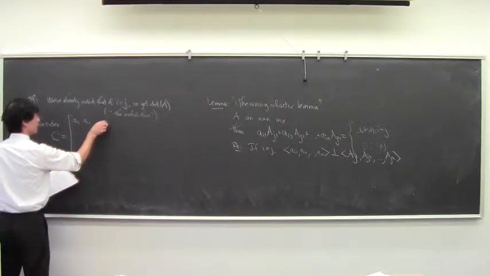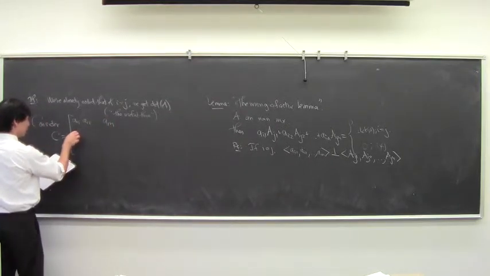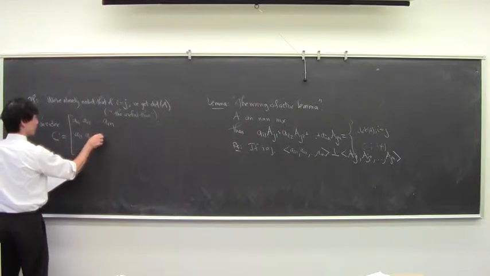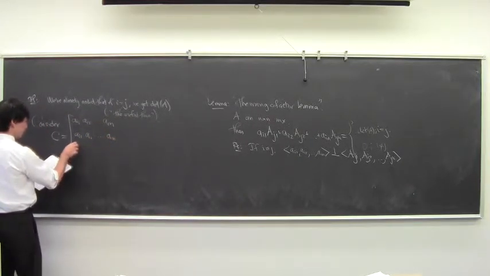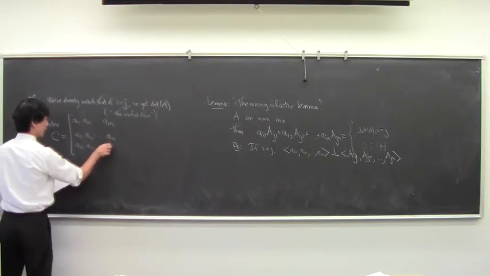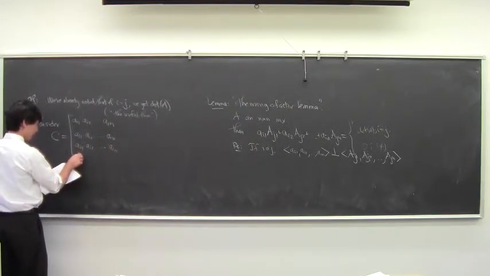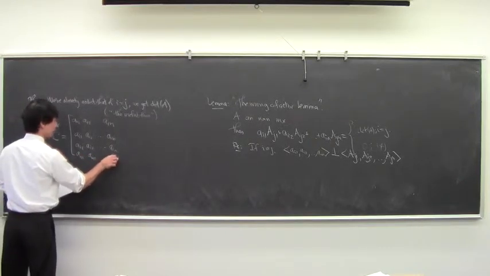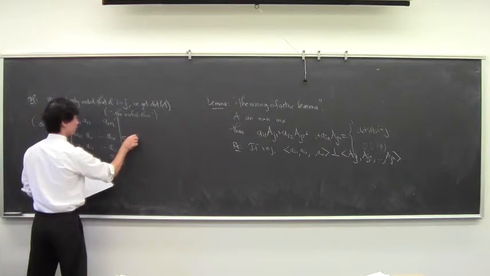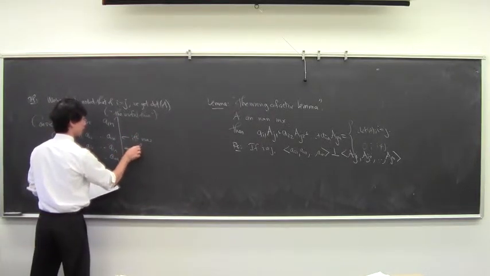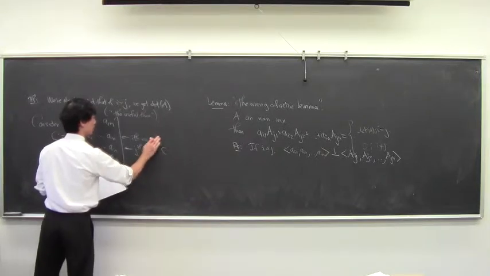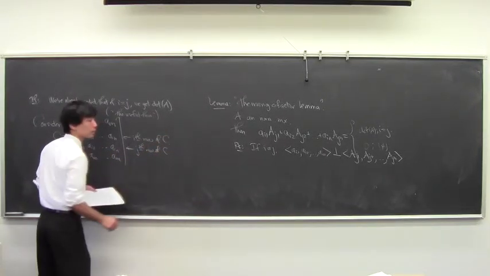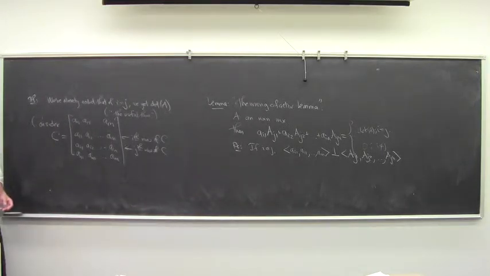a_11, a_12, ..., a_1n, then a_i1, a_i2, ..., a_in, then again a_i1, a_i2, ..., a_in, down to a_n1, a_n2, ..., a_nn. Where this is the ith row, and this is the jth row, the ith row of C and the jth row of C. So it's a copy of the matrix A, but the jth row has been changed to a copy of A's ith row.